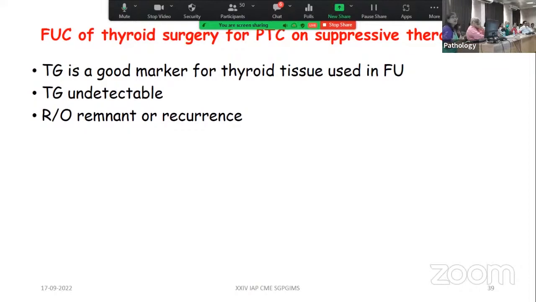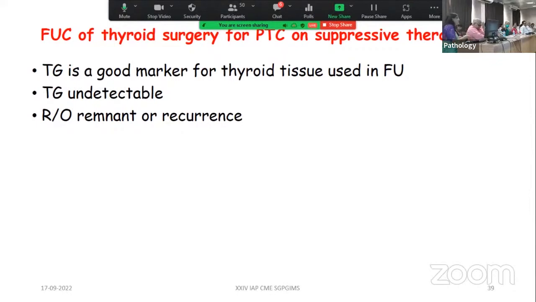So does this mean that there is no remnant or the disease has not recurred? No, because the presence of antibodies to thyroglobulin interferes with the measurement of thyroglobulin, and you have falsely low levels of thyroglobulin. It works in the same way as I showed you in the antibody assay interferences. So always when you're following patients of differentiated thyroid cancer, you need to do thyroglobulin and you need to do thyroglobulin antibody simultaneously.